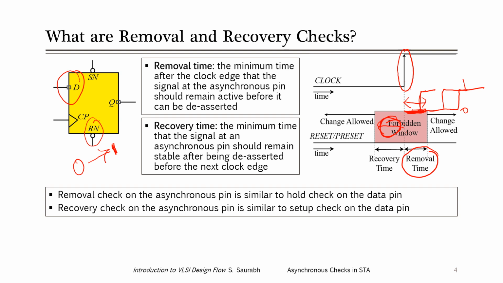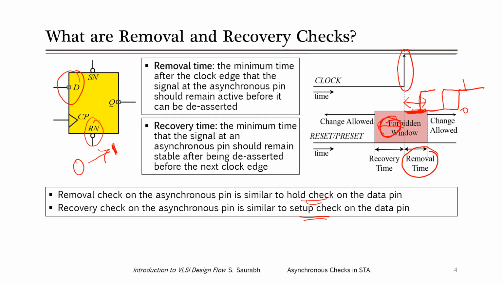And the recovery check on the asynchronous pin is similar to the setup check, meaning that there shouldn't be a change in the asynchronous pin just before the clock edge. Now if these checks are similar to setup and hold checks, the STA tool also makes the analysis in a similar manner and reports it in a similar manner.